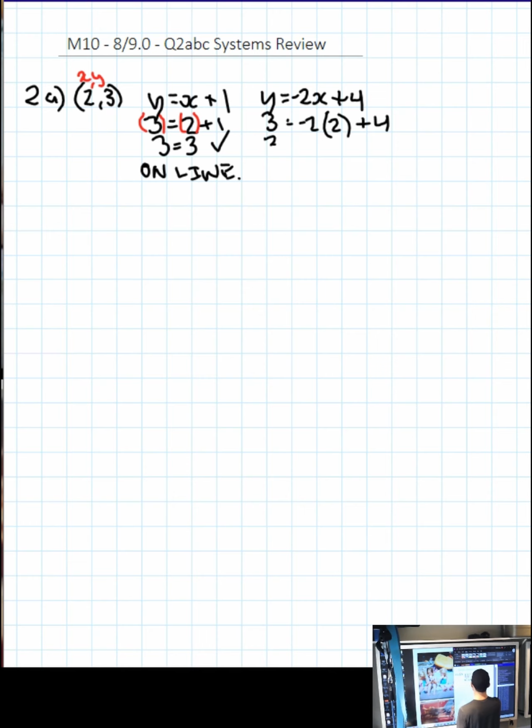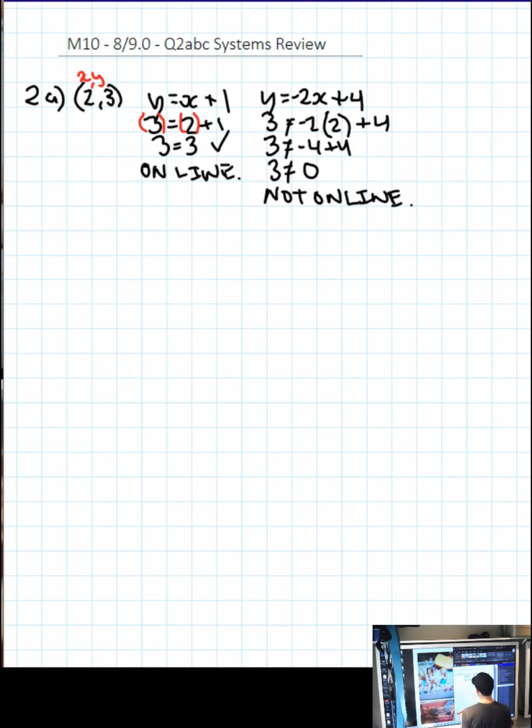On the left-hand side we have 3, on the right-hand side we have -2 times 2, which is -4, plus 4. So 3 equals -4 plus 4, which is 0. Not equal, therefore, not on line.